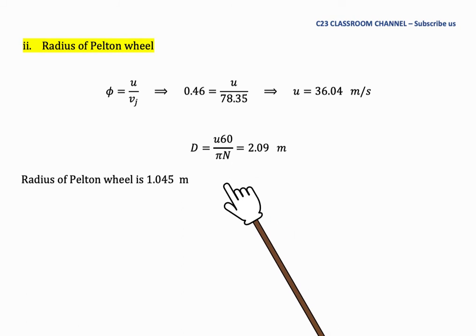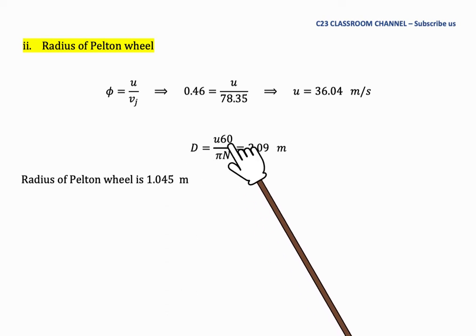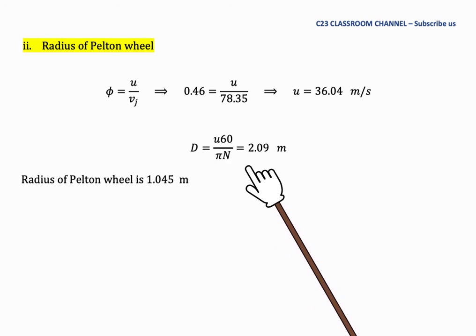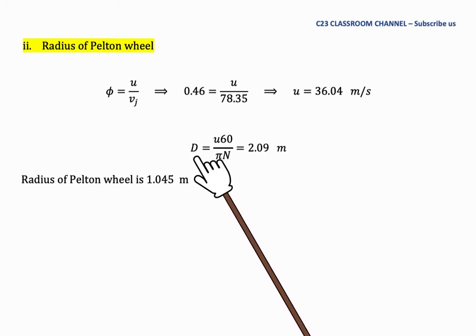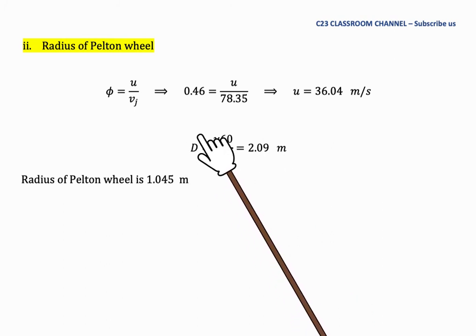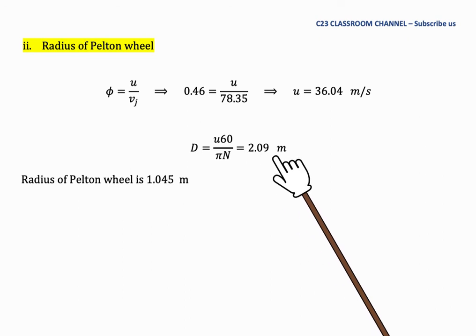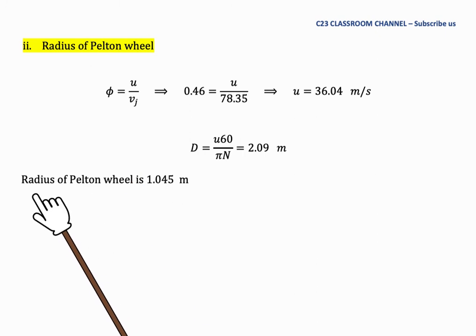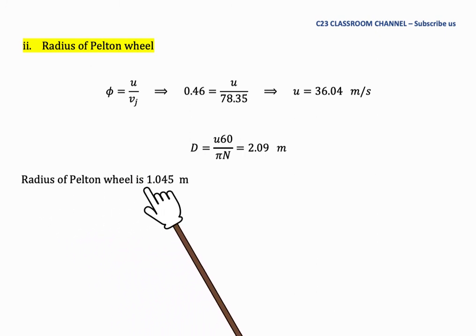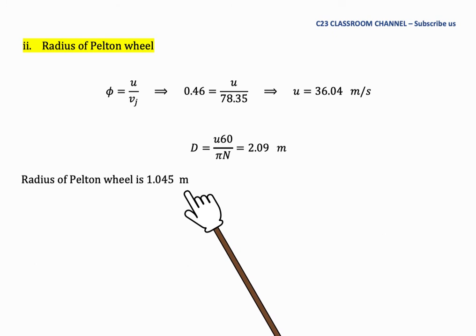This equation comes from u is equal to pi D N over 60. We rearrange that equation, it becomes D equal u times 60 over pi N. We substitute the value of u here and the value of N here. We get the diameter of Pelton wheel is equal to 2.09 meter. Because the question wants the value of radius, we could say radius of Pelton wheel is 1.045 meters.